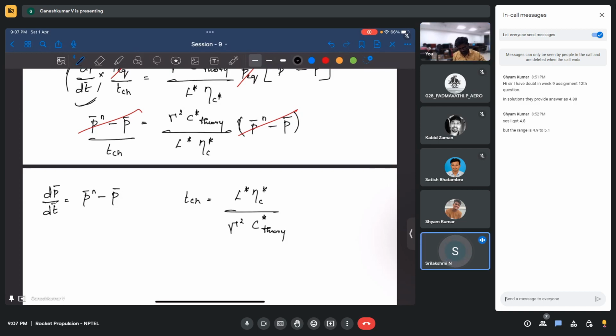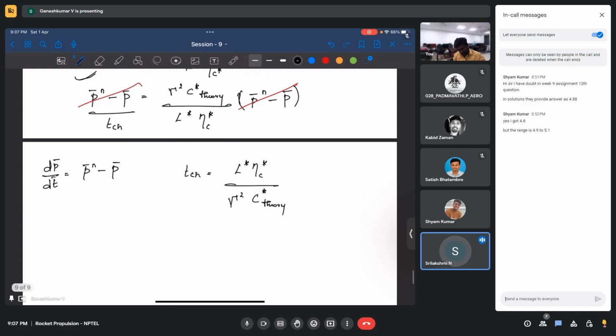I think the way we took notes, the efficiency term was missed out. It's just been noted as C star. Okay, I quickly did the calculation now. If we include that efficiency factor, the answer is coming within the range given in the solution.